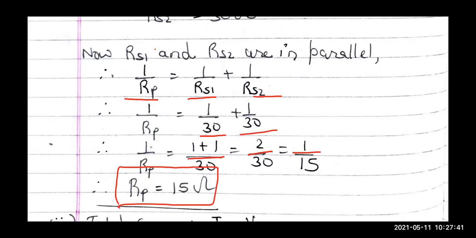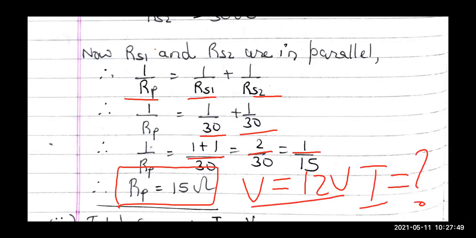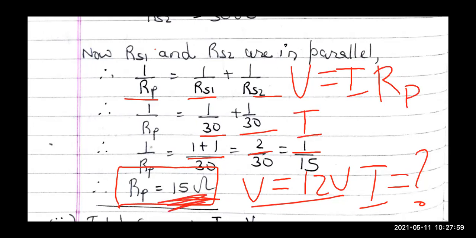You are given in the question that the voltage is 12 volt. What do you have to find? You have to find the current. So here children, we can use Ohm's law. V equals IR. But instead of R, we will put Rp, because that is the final answer, right? So I is nothing but V upon Rp. V is 12, Rp is 15.